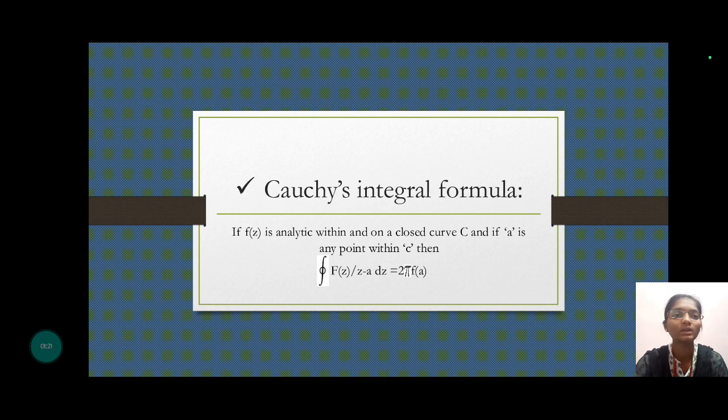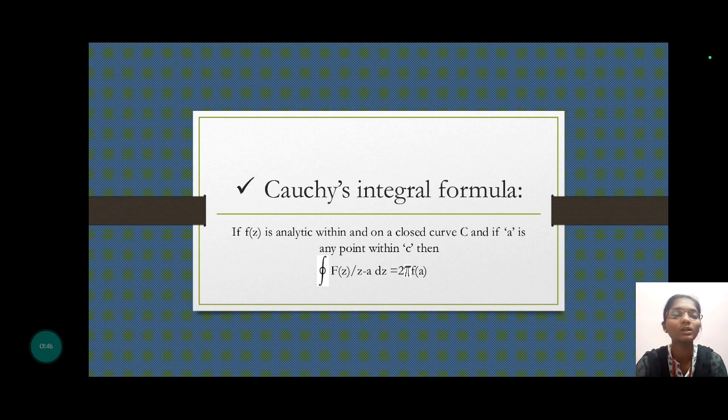Let us see what is meant by Cauchy's integral formula. If f of z is analytic within and on a closed curve C, and if a is any point within C, then the integral over C of f of z by z minus a dz is equal to 2 pi i f of a.